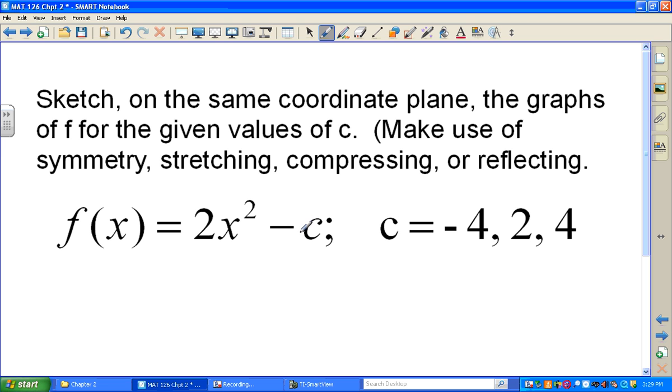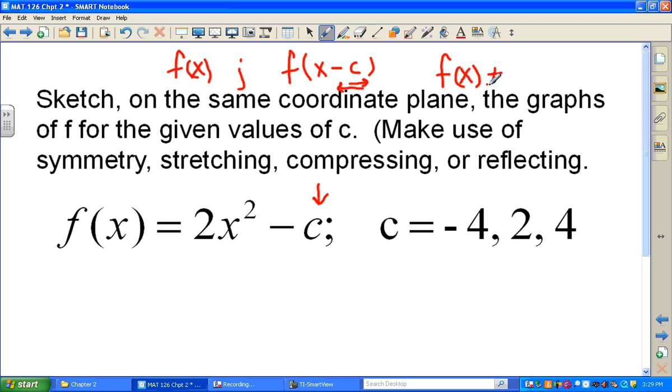2x squared minus c. Now we just said if you have f of x, that's your standard graph. We said if you take f inside the parentheses, it moves the graph left or it moves the graph right. This c is obviously outside of the parentheses. So this is known as a vertical shift.